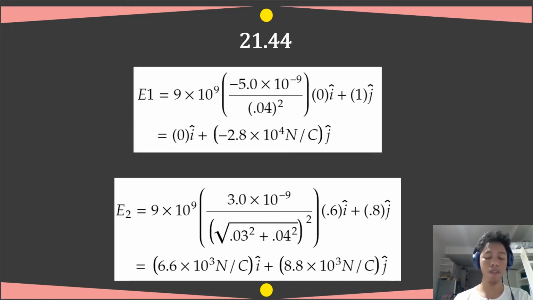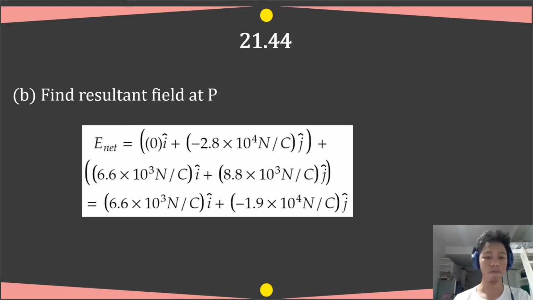By substituting the given values into the formula, for Q1 we get 0 i hat plus negative 2.8 times 10 raised to 4 newtons per coulomb j hat. And for Q2, we get 6.6 times 10 raised to 3 newtons per coulomb i hat plus 8.8 times 10 raised to 3 newtons per coulomb j hat.